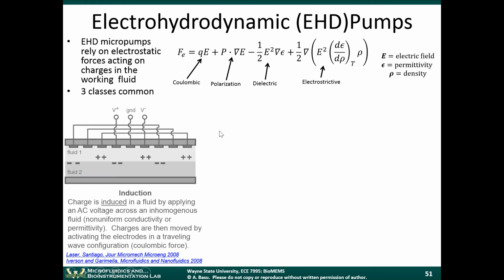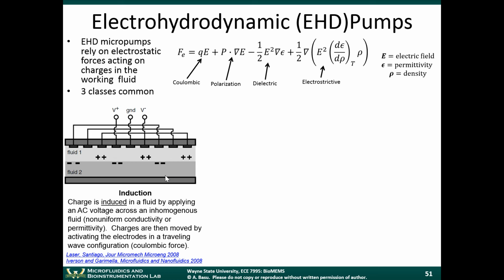So the three common classes, the first one is the induction electrohydrodynamic pump. This is where a charge is induced in a fluid by applying an AC voltage across an inhomogeneous fluid. So there's two fluids in here, and each one of these fluids has a different electrical permittivity or dielectric constant.